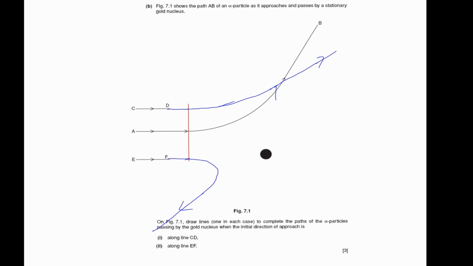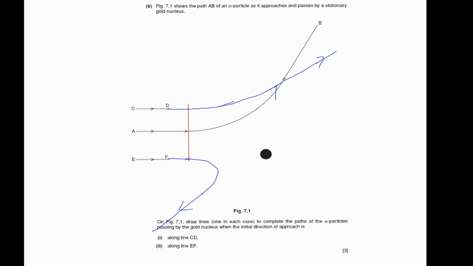And for the next part, they gave you a sample, which is A, the path of alpha particle A. So it deflects this way. Your job is to draw the paths of two other particles, CD and EF. So how do you actually draw the path?